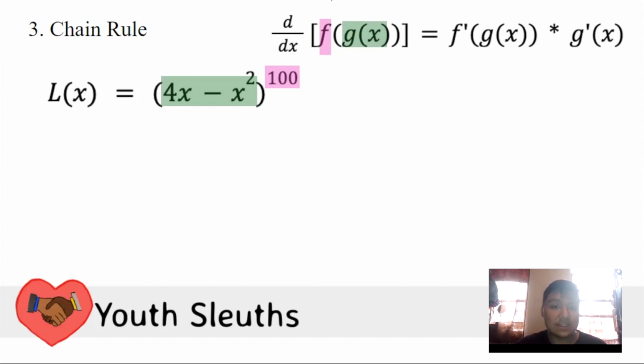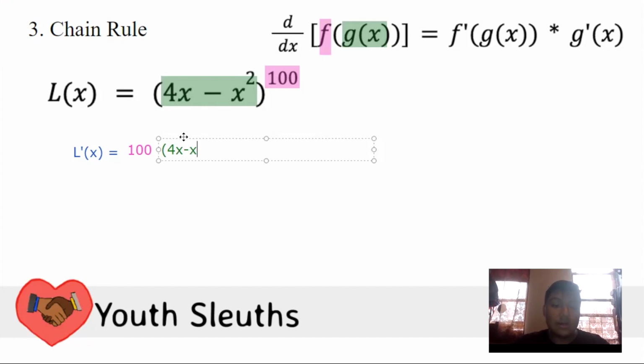Okay, we'll now solve it together. So we could start having L prime of x and having that equal. So we first multiply the exponent to the front since it's the f. We have 100 times. And then if we remember, the 4x minus x squared, which is the g, remains unchanged for now.